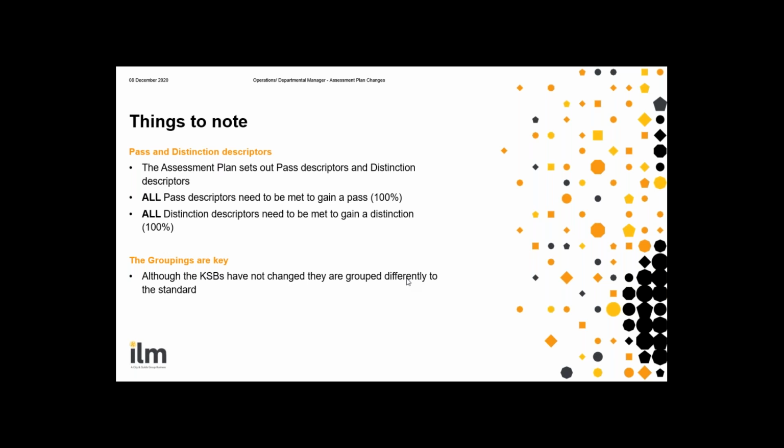These, as I said, have been divided in KSB groups. So you will be able to see how each KSB group is measured and assessed by looking at the grading descriptors, which show you the knowledge, skills and behaviors contained within each descriptor.